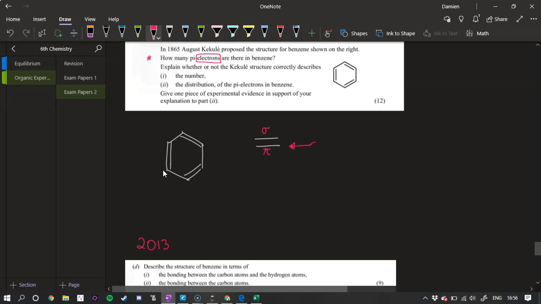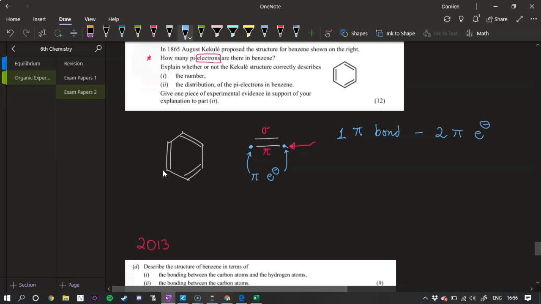But a single bond, whether it's a pi bond or a sigma bond, involves 2 electrons being shared. So you actually have an electron here and an electron here. So this here is a pi electron, and so is this one. So for 1 pi bond, you have 2 pi electrons.